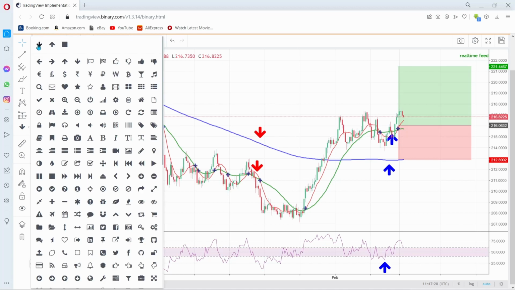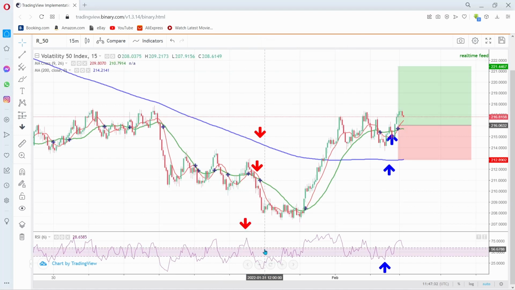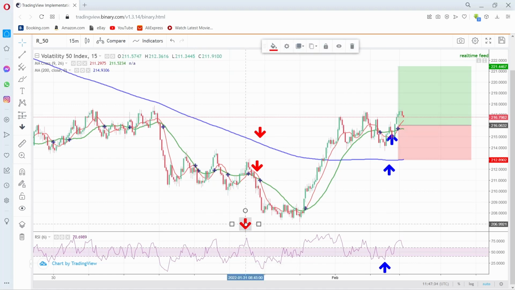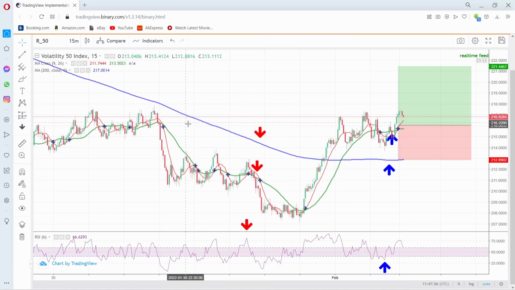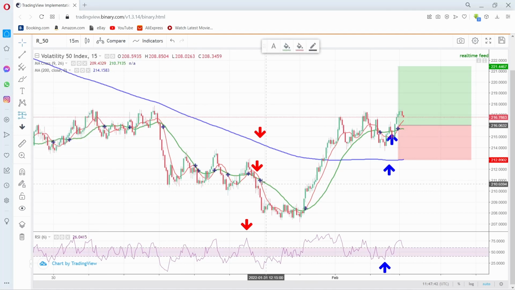These things are simple. As you can see over here, it's above the colored region. So right now we are going to sell this signal. We'll call it a short position.